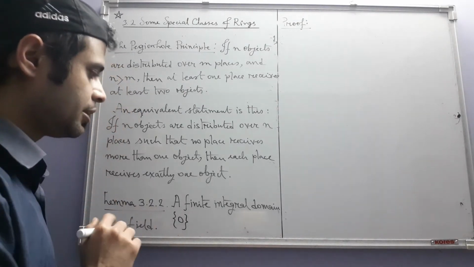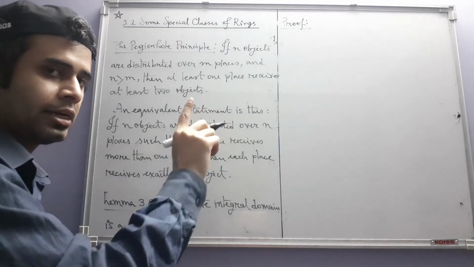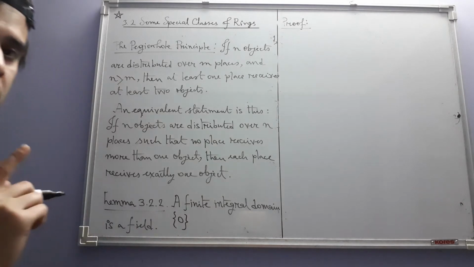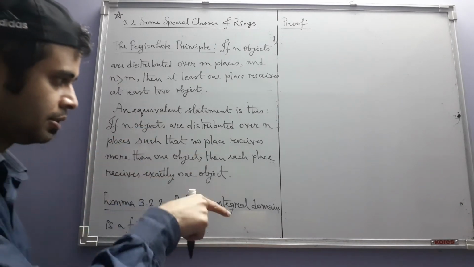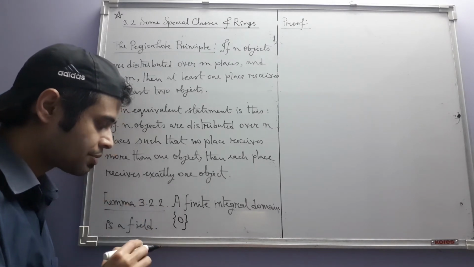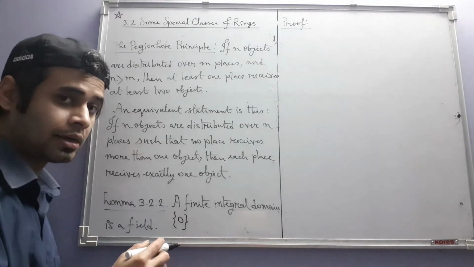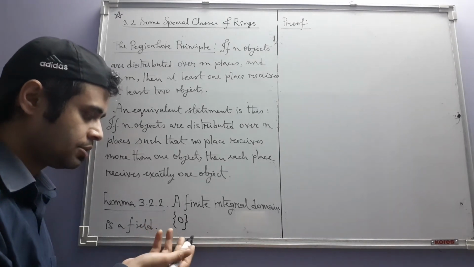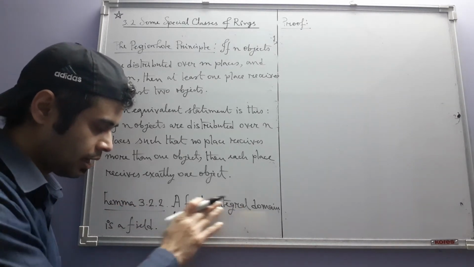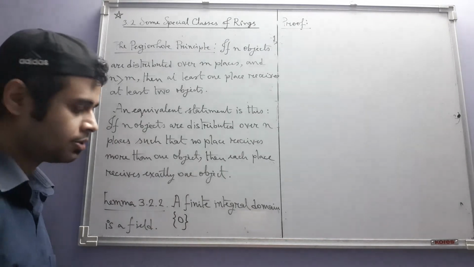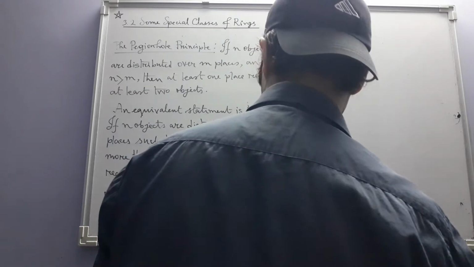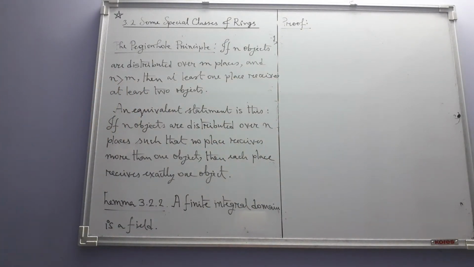Because according to the definition of a field also from this book, note that I have not changed, a field is a commutative division ring. And do you remember the definition of a division ring? In a division ring, the non-zero elements must form a group under multiplication. Which is not true in case of the zero ring, we have already seen. So that's why I had to change the definition of an integral domain, and I understood that Herstein made a mistake here.